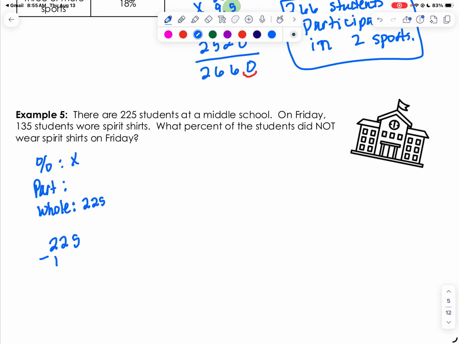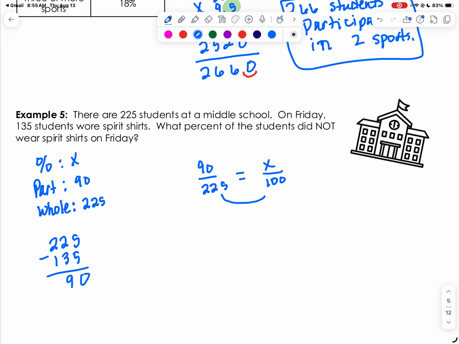So that would be 225 minus 135. So 5 minus 5 is 0. 22 minus 13 is 9. So our part is 90. And that's where most students are going to make their mistake on this problem. So 90 over 225 is equal to x over 100.